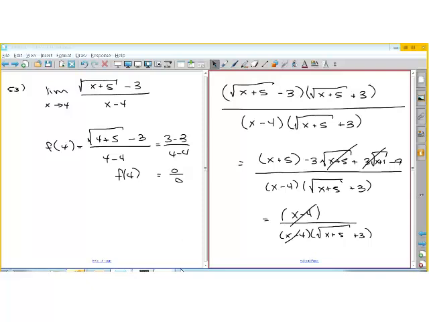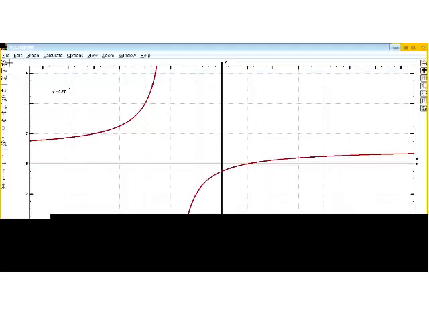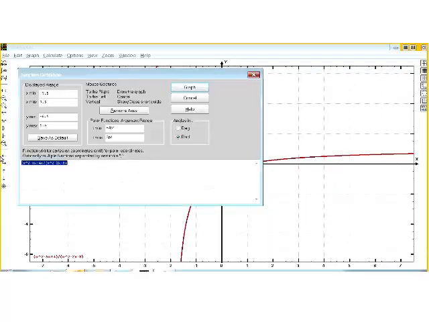And again, we can go to the graphing program and just do the same thing graphically. So let's do that. We have the square root of x plus 5 minus 3 divided by the quantity x minus 4.